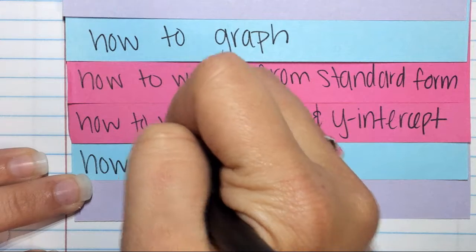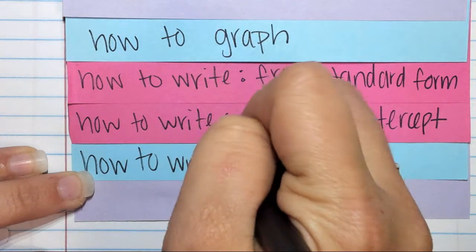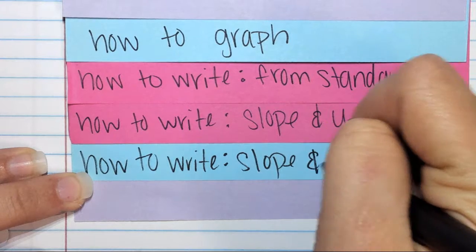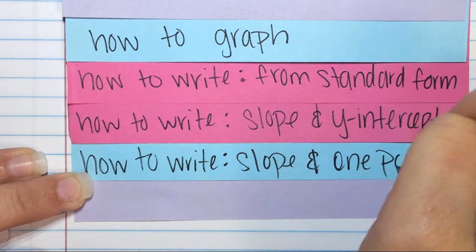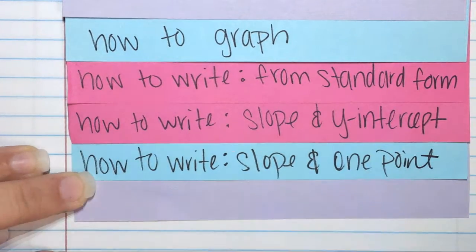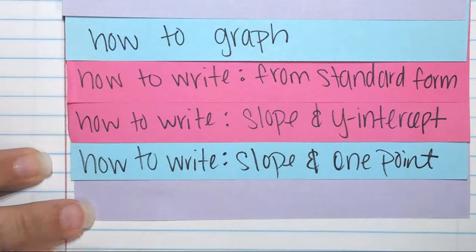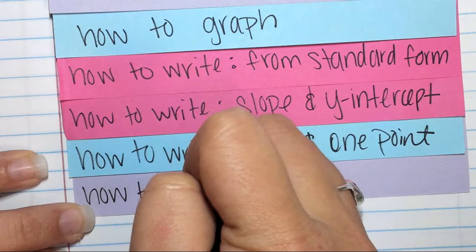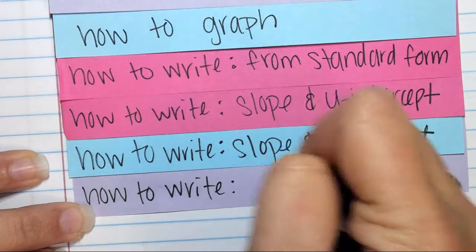The next one says how to write slope and 1 point. And the last one, how to write 2 points.